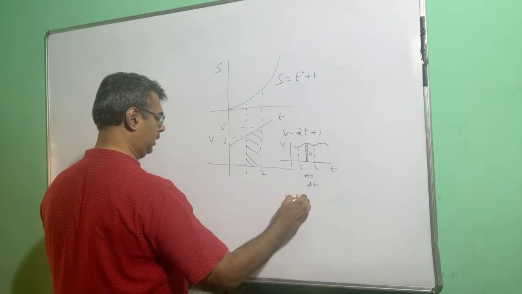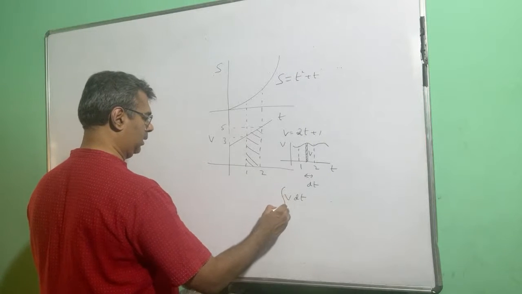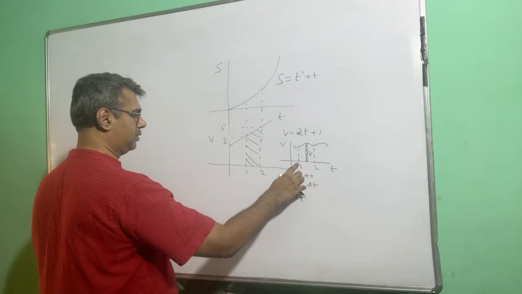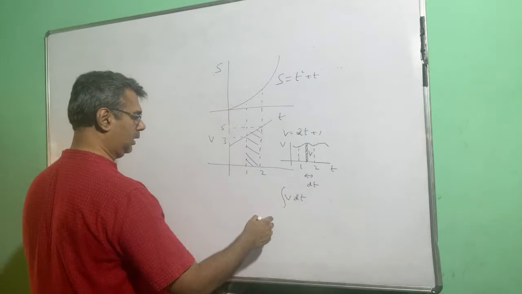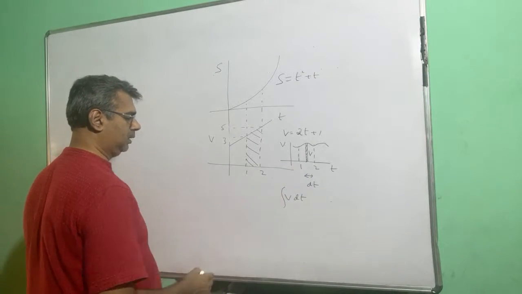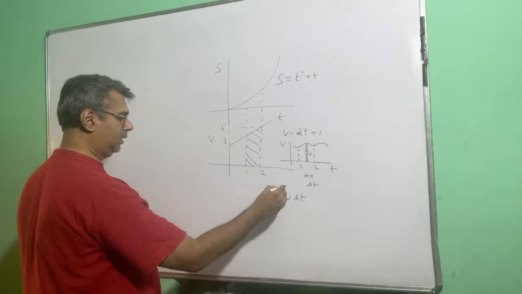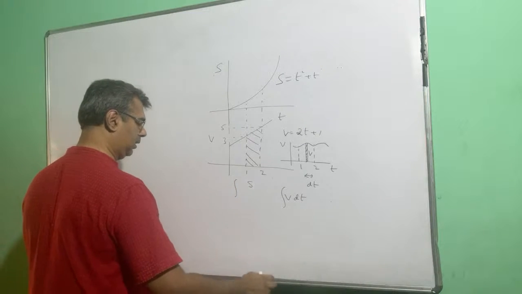So v into dt will be the area of this strip, and if you add all such infinitely thin strips from t equal to 1 to t equal to 2, then the total area is obtained by one symbol called integral. This elongated s, just imagine you have an s and you have elongated it.